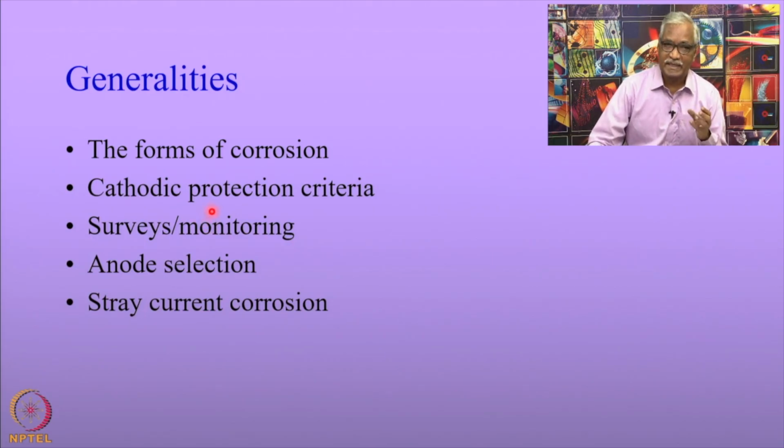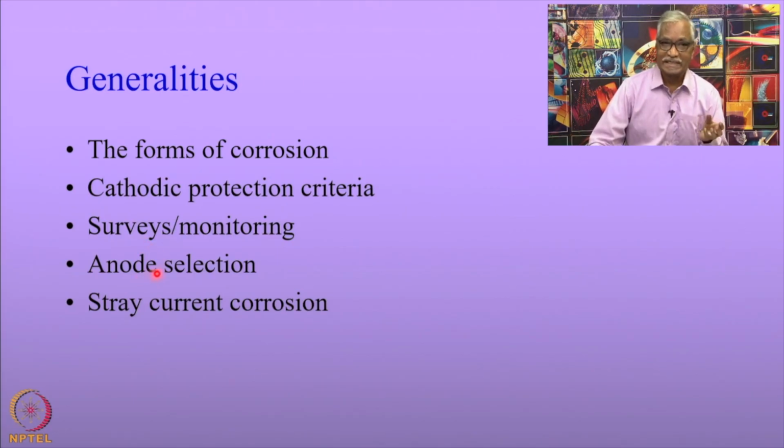The cathodic protection criteria as applicable to pipelines are also applicable to storage tanks. The surveys in relation to soil resistivity, pipe to soil potential, the current requirement, even stray current corrosion are all applicable to storage tanks.